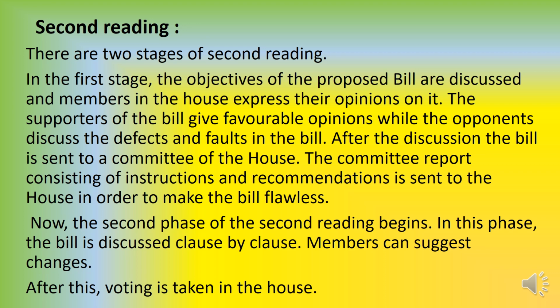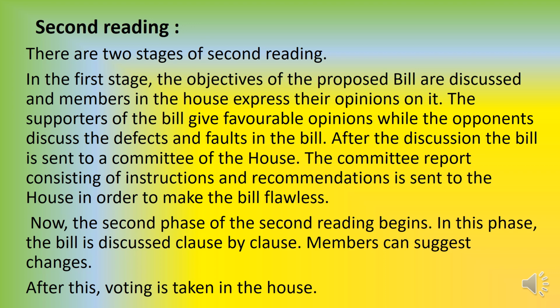Some will support this particular bill, some will not. The ones who support the bill will give favorable opinions, and the people who do not support are called opponents. They will try to find faults and defects in it, and they will discuss these defects and faults in the bill.